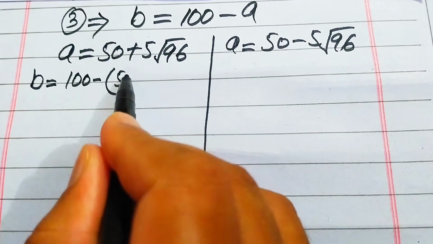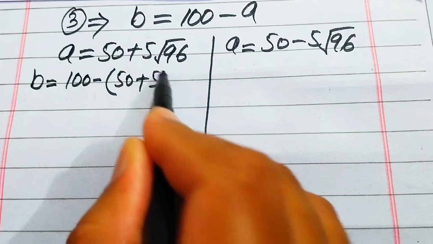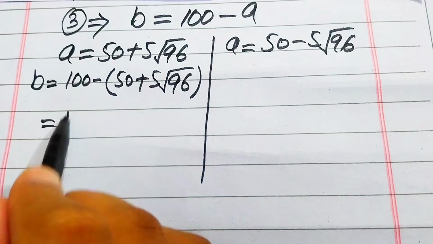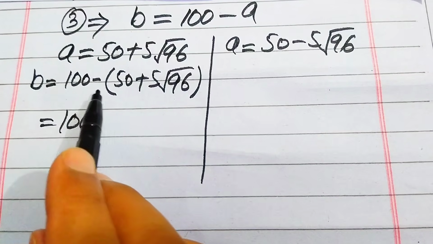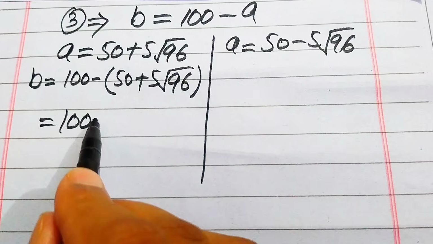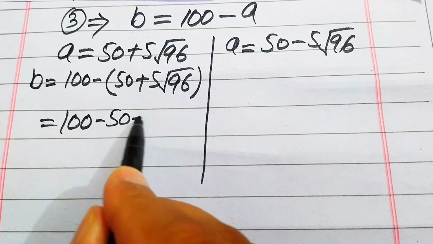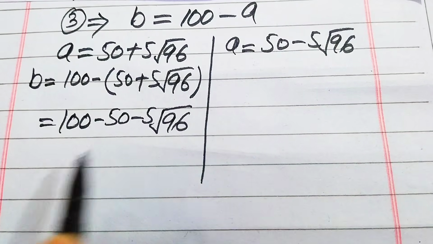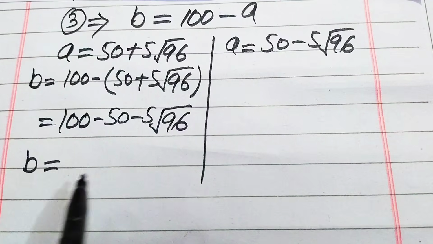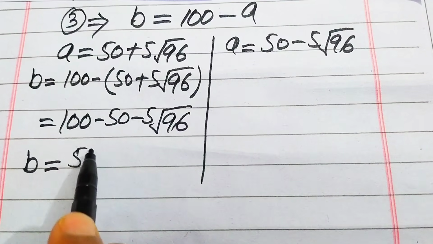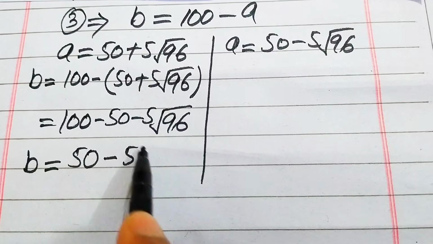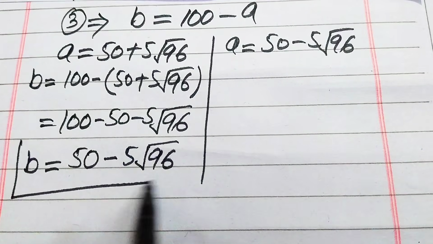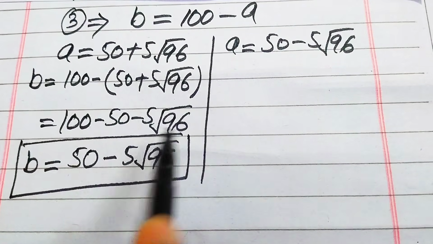The value of a in this case is 50 plus 5 times the square root of 96, and we have this 100. We multiply the negative sign on both of these two values and we get minus 50 minus 5 times the square root of 96. So we have the value of b equals 100 minus 50, which becomes 50, minus 5 times the square root of 96. This is the value of b.